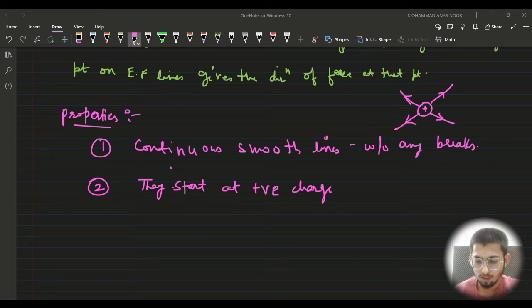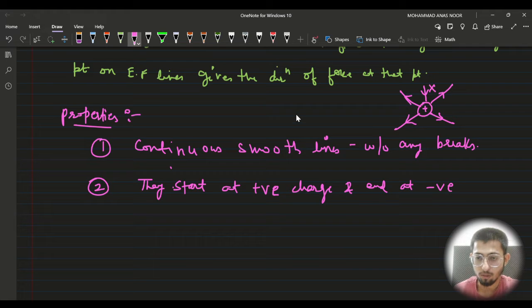So this is the second property, that they always start at a positive charge. There is no way an electric field line can end here like this, because they always emanate from the positive charge. And they end at a negative charge. So they start at positive and end at negative charge.